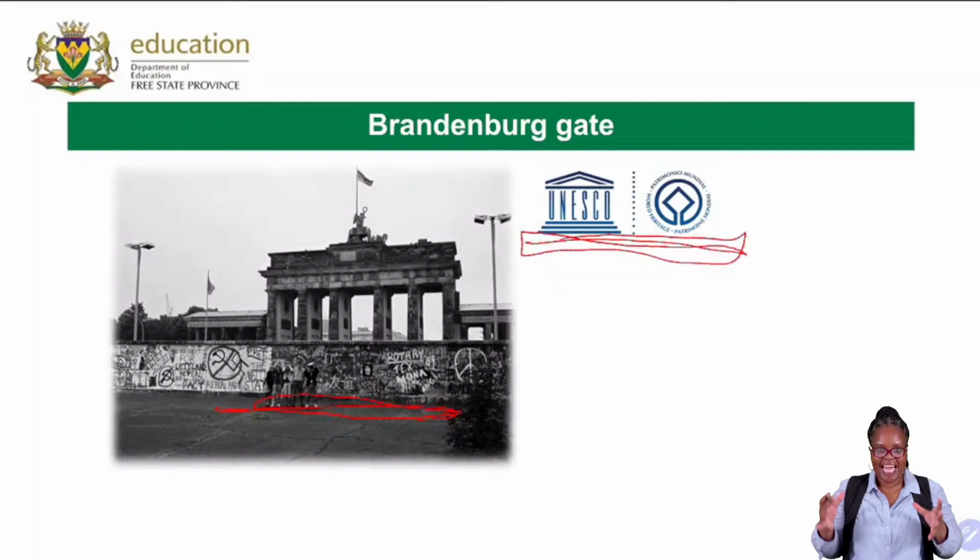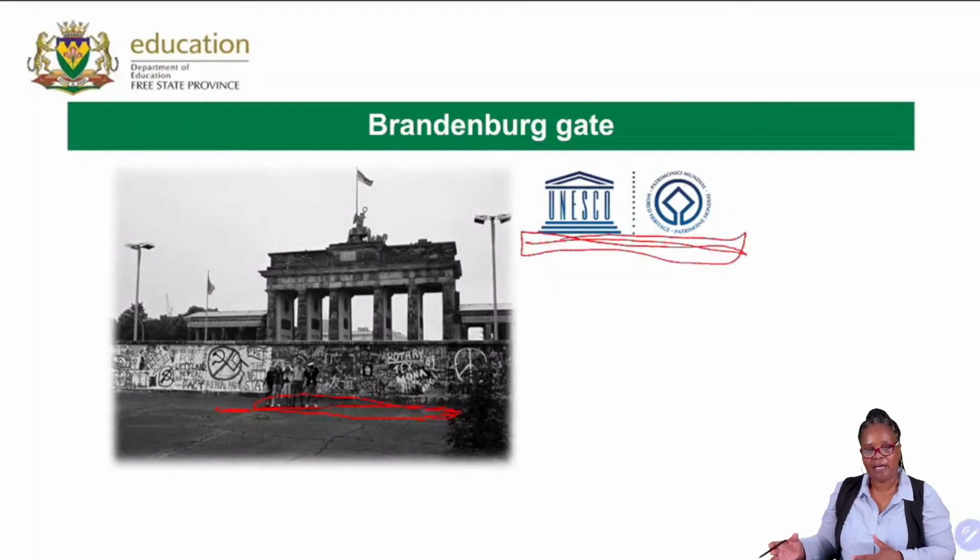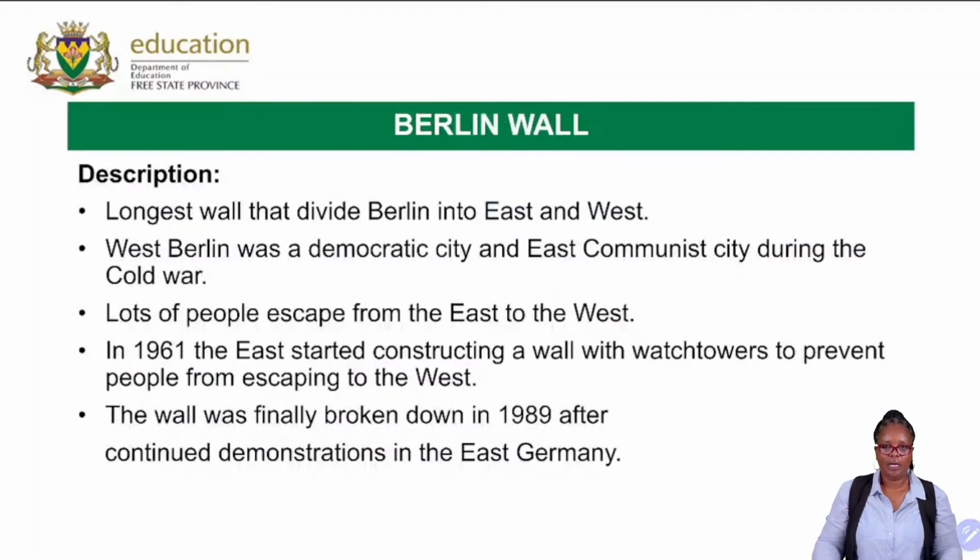The Brandenburg Gate is a World Heritage Site, not the whole Berlin Wall, but the Brandenburg Gate. So here we are. Let's look at the description of this Berlin Wall. It is the longest wall that divides Berlin into East and West.